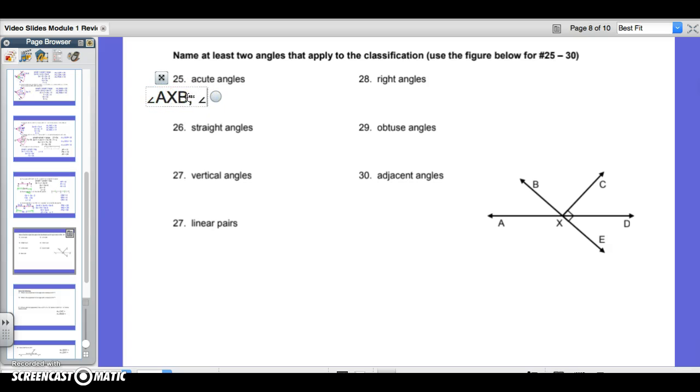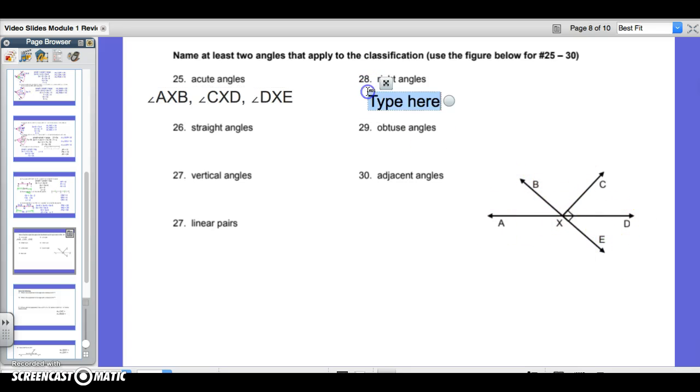Another option is angle CXD. Another option is DXE. So anything that is less than 90. So this one, and this one over here.